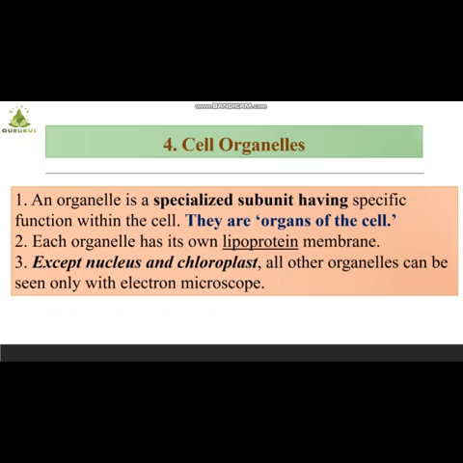All the cell organelles are specialized subunits. They have their own specific functions inside the cell, and they are known as organs of the cell. Just as in the human body we have different organs with different functions for us, similarly, in a cell we have cell organelles which have different functions of a cell.